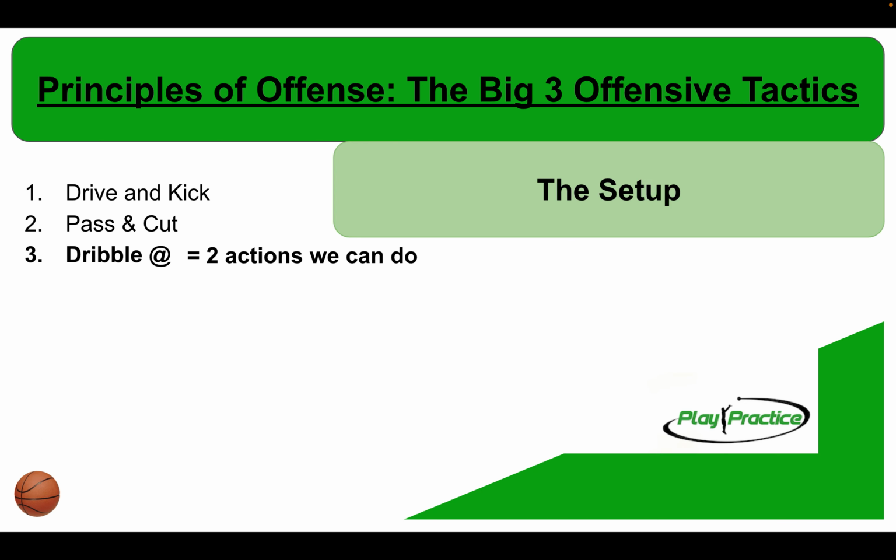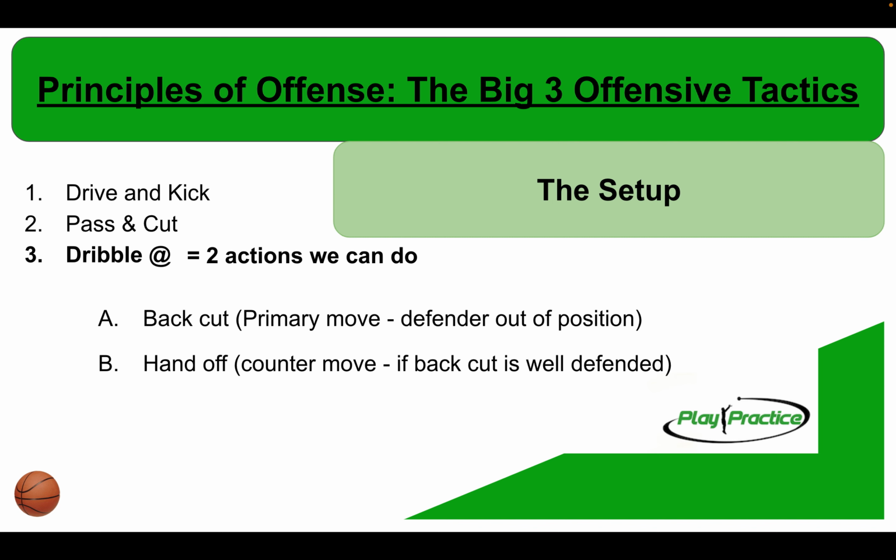All right, the third action, offensive tactic, dribble at. 2 actions we can do. We're going to talk about the setup for this and then kind of the counter move. So the back cut is the primary move, and I like to build the logic tree of defender is between ball and man, defender is not between man and basket, therefore cut to basket.